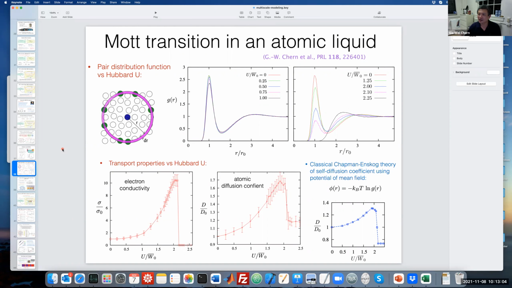Hydrogen is very different. In the liquid phase, hydrogen likes to form molecules like here. Right, and a molecule is actually an insulating state. Although electrons hop around, it's only hopping between the two atoms. So that's why the conductivity is small here, because it's essentially a molecular liquid, which is an insulator.